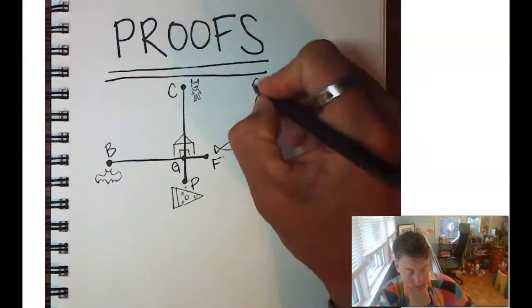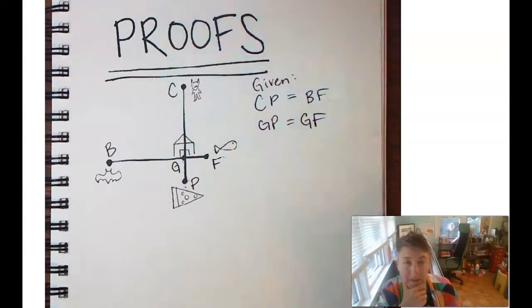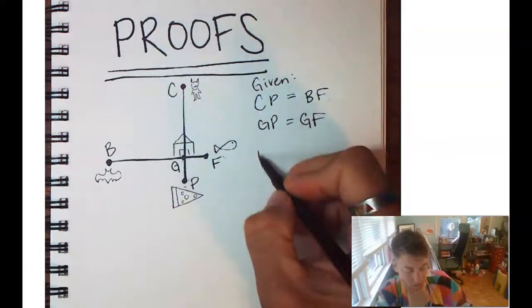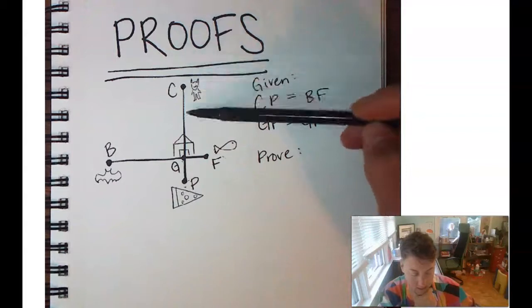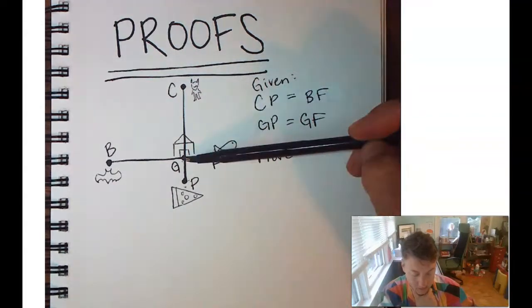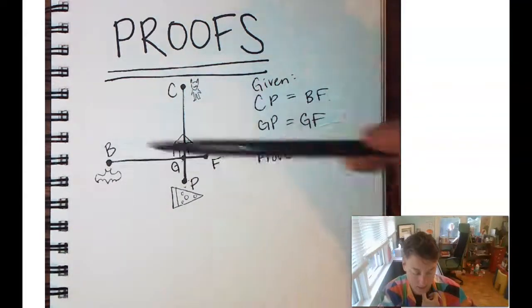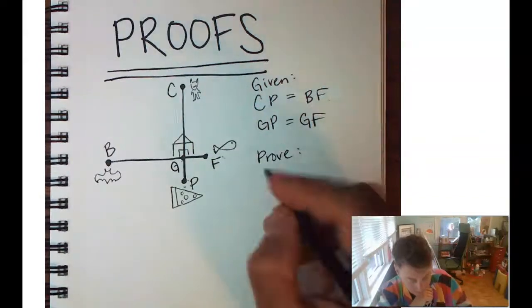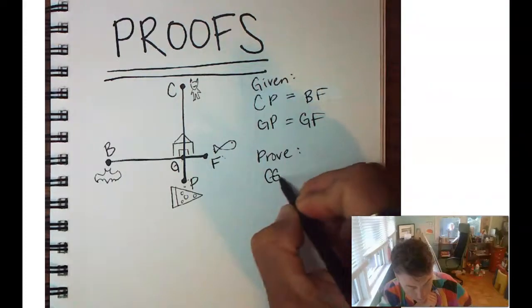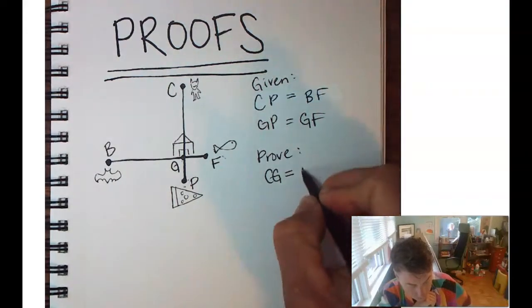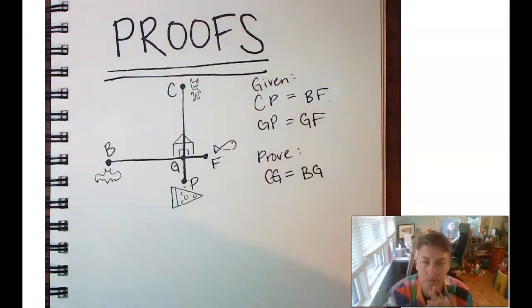So this is the stuff that we are given that we're going to base our argument off of. And the statement we are trying to prove is that the distance from Catwoman's house to downtown Gotham City is the same as from Batman's house to downtown Gotham City. We're trying to prove that CG is equal to BG.